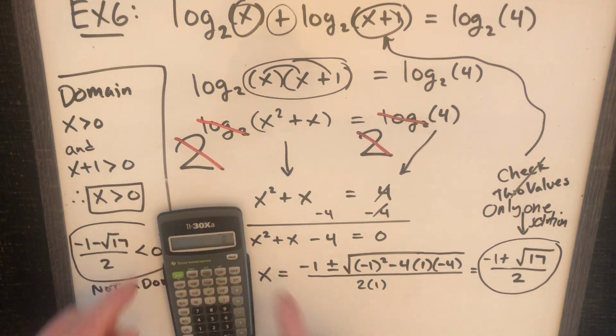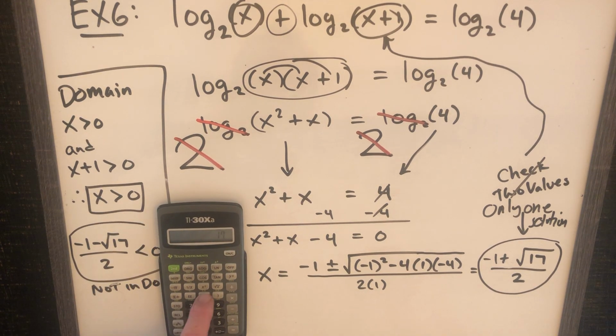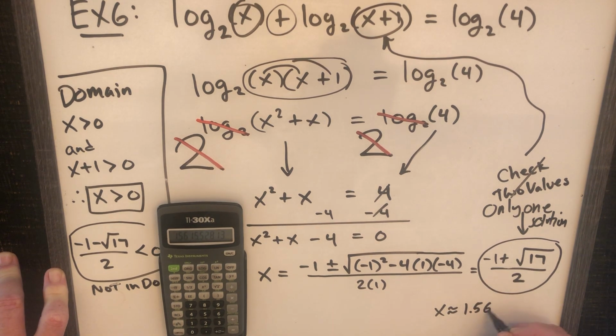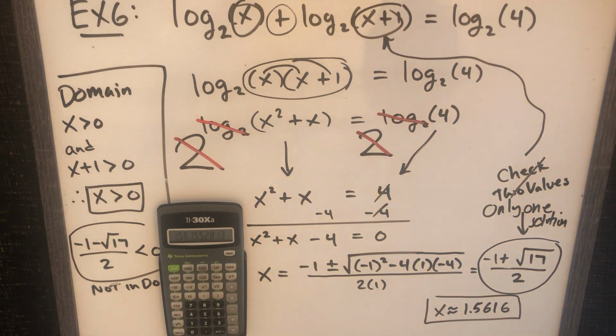Or if you want to get an approximate value, we'll do the square root of 17 plus negative 1 divided by 2. And so x would be approximately 1.5616. And that's correct.